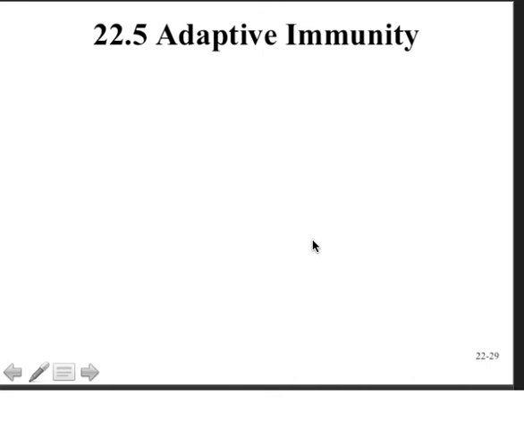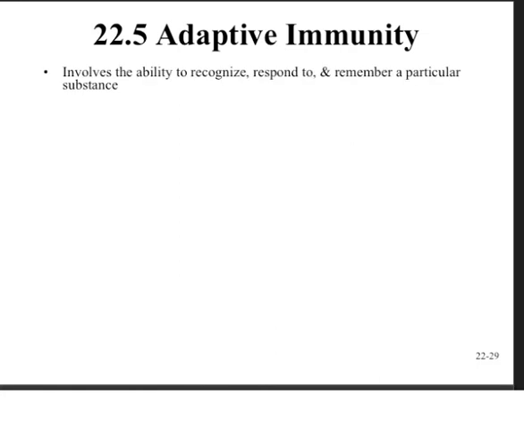Okay, welcome everybody. This is the second half of Chapter 22, and we're going to pick up with a discussion of adaptive immunity. Remember that when we talked about immunity last week, we noted that there's really two systems in place to keep you disease-free, and that's your nonspecific barriers, so your skin, your mucous membranes, and their secretions, the inflammatory response, and the granulocytes that basically patrol the tissues beneath ports of entry.